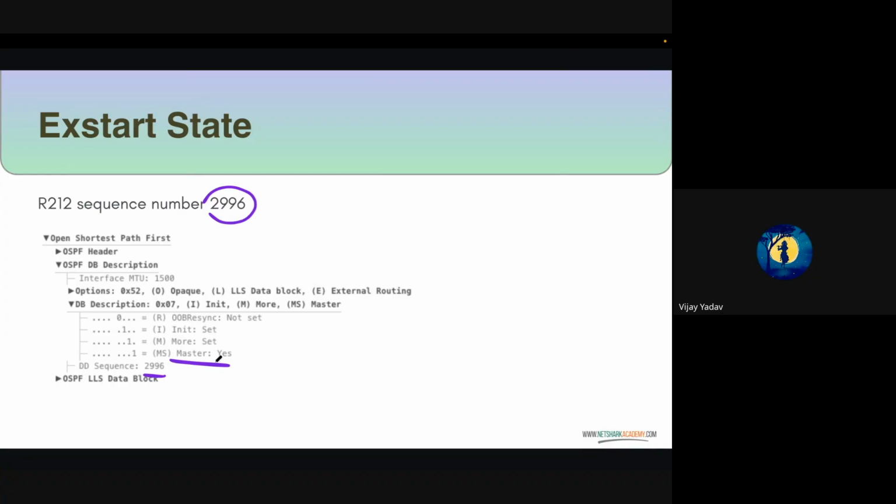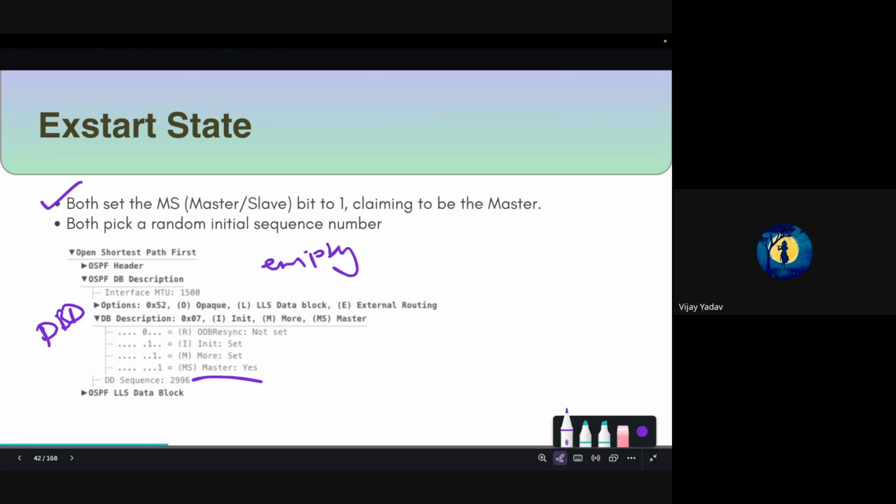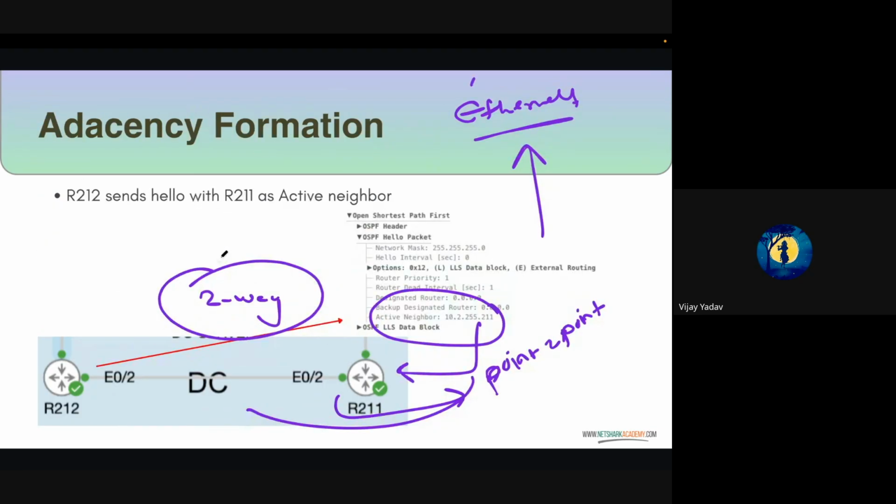Can we go to the previous slides, two more slides back, where you were checking the hello, the init and two-way? So what happened, as I understand, is that both routers are in down state, and router 212 will send a hello to 211.